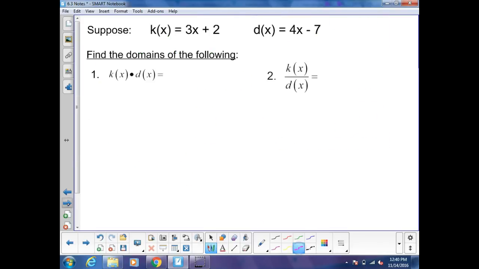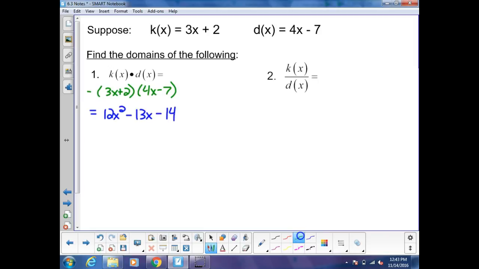Try those two. This would be 3x plus 2 times 4x minus 7, which then would be equal to 12x squared minus 21x plus 8x minus 14.